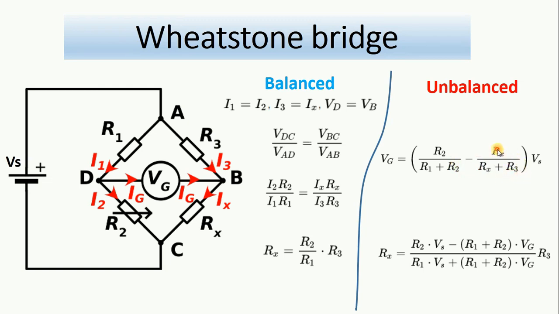So this Wheatstone bridge will be less sensitive to the changes in Rx, because the whole thing is being divided by a very large resistance. This gives us the first information that this Wheatstone bridge is better used for small resistances rather than big resistances. It becomes less and less sensitive.